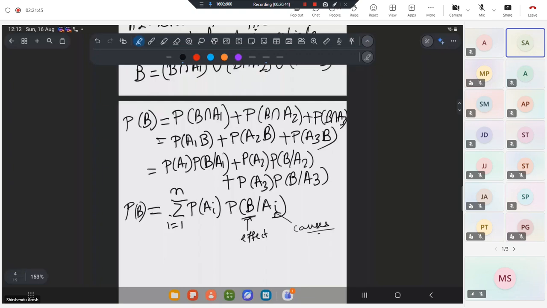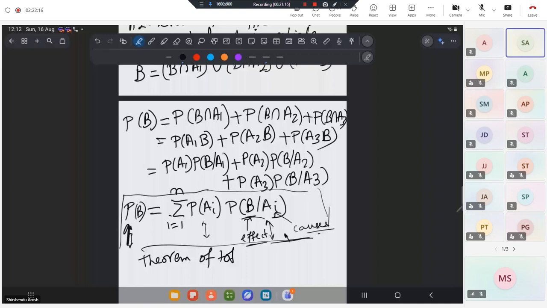So the effect is given for cause one, and for cause two. These numbers are here, and the probabilities of cause one, cause two, cause three are there. If you multiply and add those, you finally get the total probability of the effect. Correct. So this particular line is called the theorem of total probability, right?